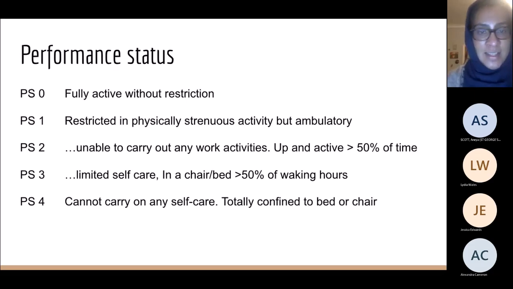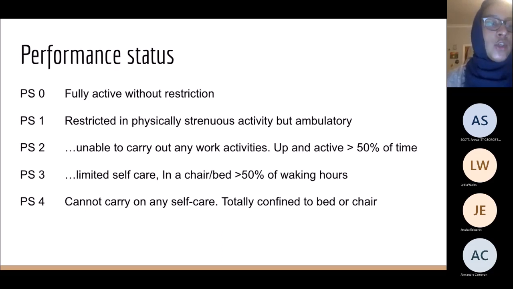And actually, with certain cancers, so for example, in small cell lung cancers, patients will often present already with a performance status of 3 and 4. So they're already very frail and sometimes bedbound, but they still might be given chemotherapy. So again, it's dependent on the individual, it's dependent on the context, and it's also dependent on the cancer.